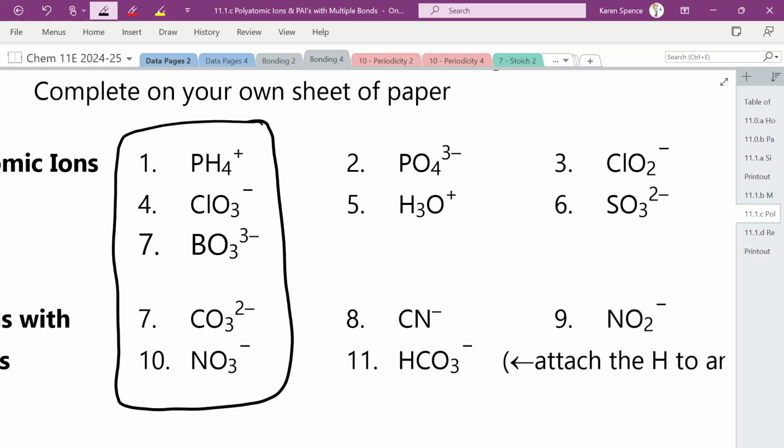Plugging in the numbers. What is this? You just write the equation, but you have to put the correct part on it.